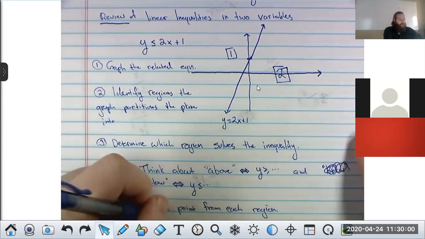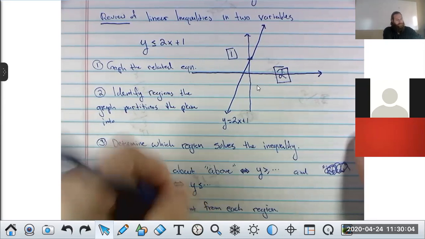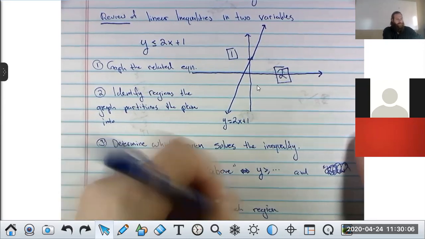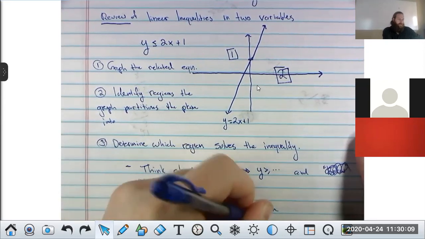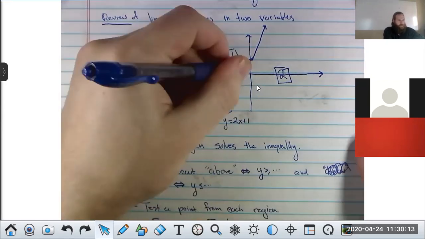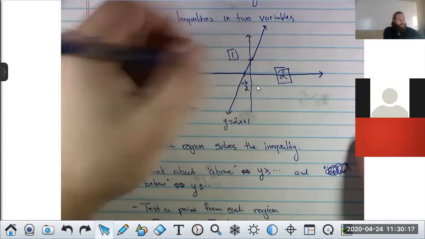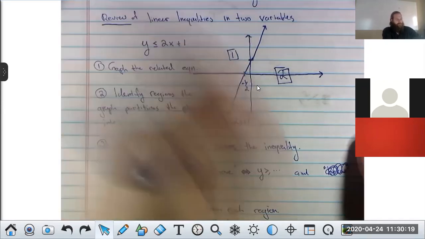So from region 1, I need to make sure I'm grabbing a point that is from this region. This x-intercept here is -1/2. So I could test like -1, 0.